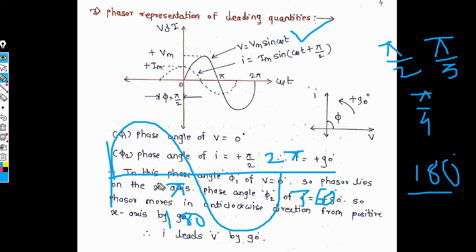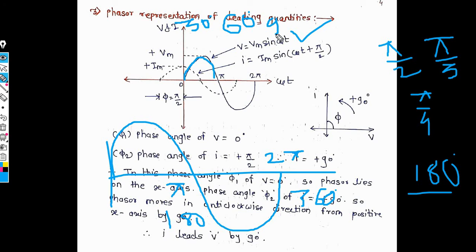That means the angle will be less than pi, that is 180 degrees. It is very important: 30 degree, 60 degree, 90, 120, 150 and 180. These are the angles less than 180 degrees.